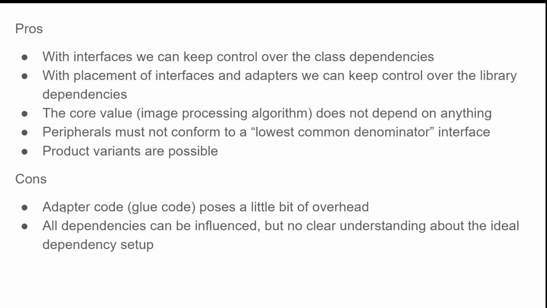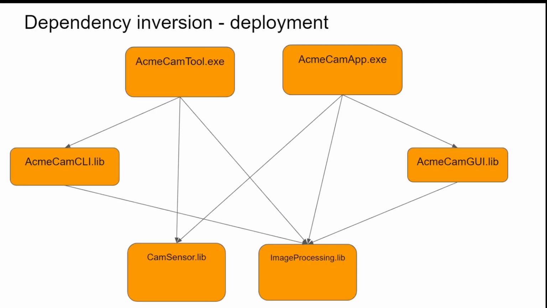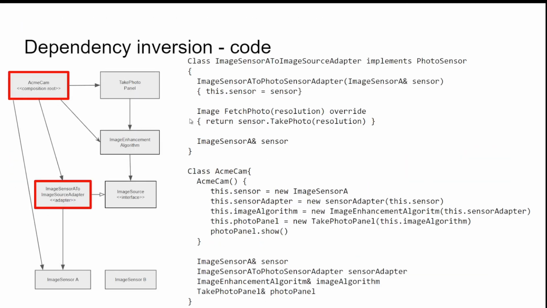Now we have these adapters, and these adapters are also called glue code because basically they are bridging over the difference between the interfaces, and they pose a little bit of overhead. So if you look here in the call hierarchy, the image enhancement algorithm is making a virtual function call to the image source, and because this interface is implemented by this adapter, this call will land here at the fetch photo, and then we are delegating the call here, so there will be another call.